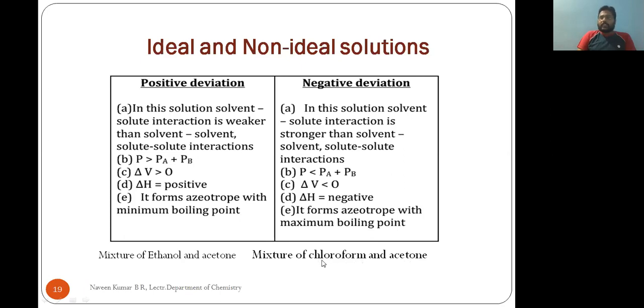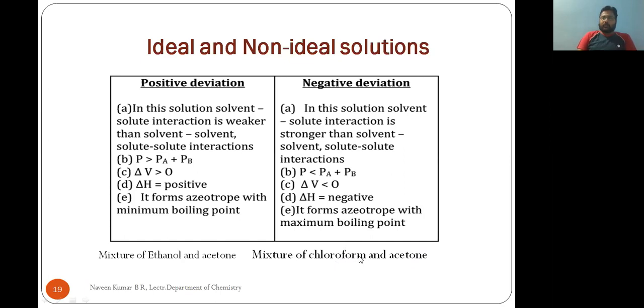Chloroform is CHCl3, so we have halogens bonded to carbon. It is a polyhalogen compound, a methane derivative. If we consider both, it has a dipole-dipole interaction.